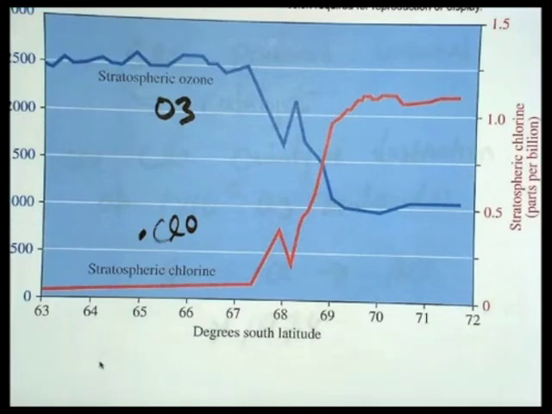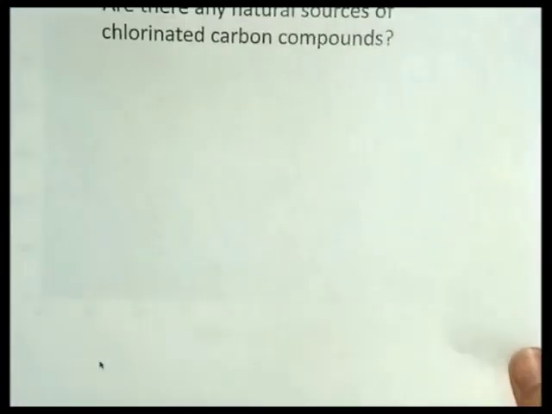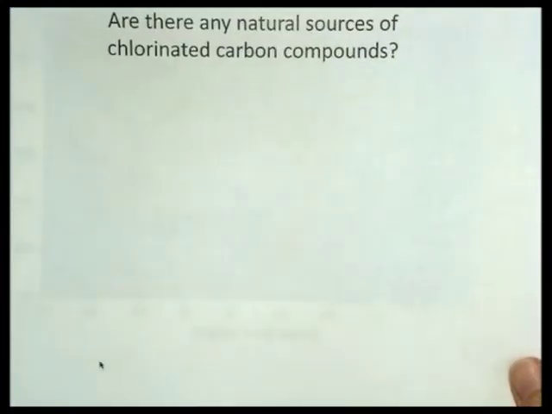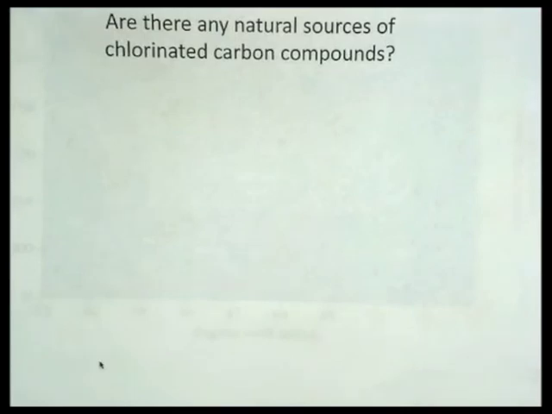Now, before people can be convinced to do something about the fact that we were putting this particular chemical in the environment, they had to rule out whether there are any other natural sources of chlorinated carbon compounds in the environment. Because just because it's there doesn't mean that people put it there. And what they found is, no, to make that dramatic of a difference, there really aren't any natural sources.